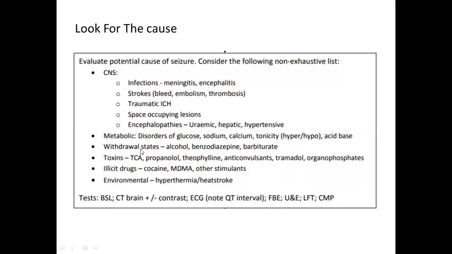Toxicological issues like drug withdrawals and overdoses: TCA, benzo withdrawal, alcohol withdrawal. Toxins: TCA, propranolol, theophylline, anticonvulsants, OP, and some illicit drugs like cocaine can also cause convulsions. And temperature issues like heat stroke and hypothermia. Those are the main underlying causes of status.